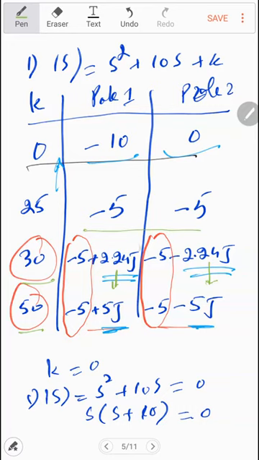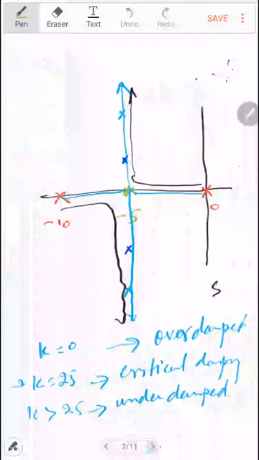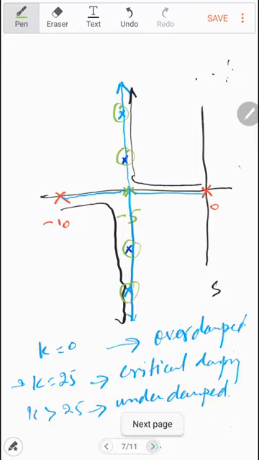But the poles are at equal distance from the real axis. So this is called the symmetry. The poles are above the real axis and below the real axis, but they are at equal distance. You see this one and then this one, so they are at equal distance. So this is called the symmetry.